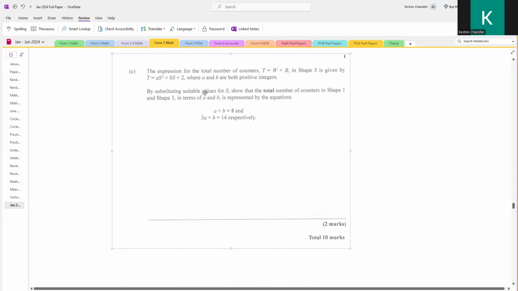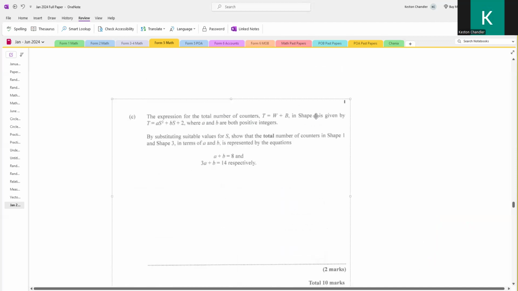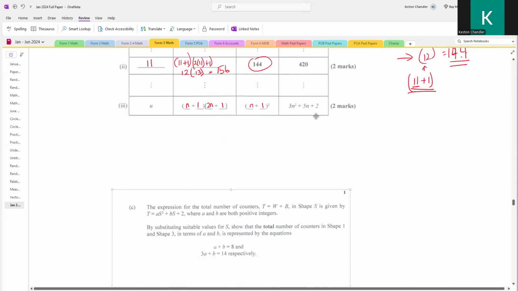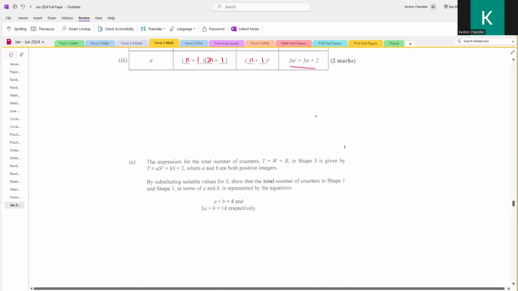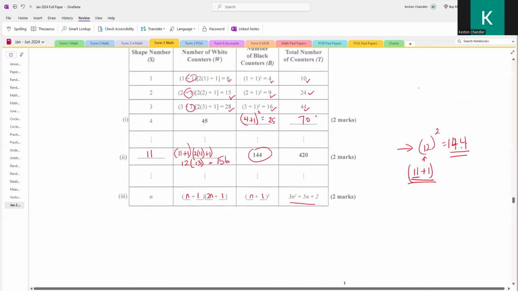By substituting suitable values for S, show that the total number of counters in shape 1 and shape 3 in terms of A and B is represented by the equations, right? So remember, this is the equation that we have here. In shape 1 and shape 3, A plus B is equal to 8.